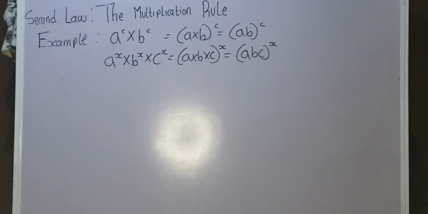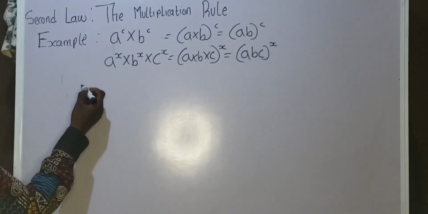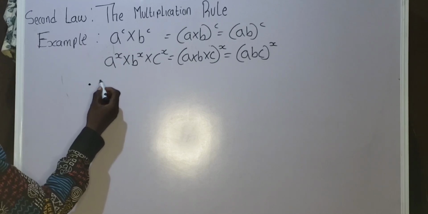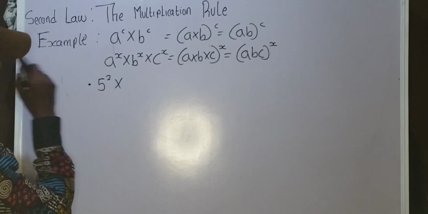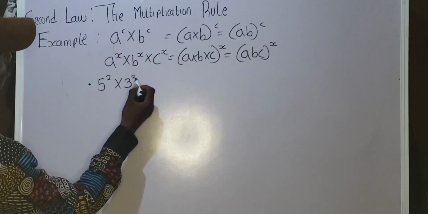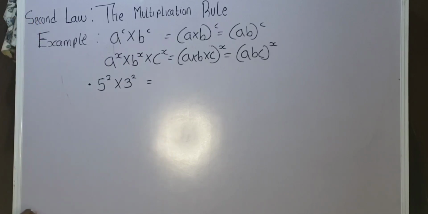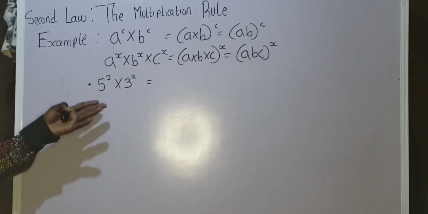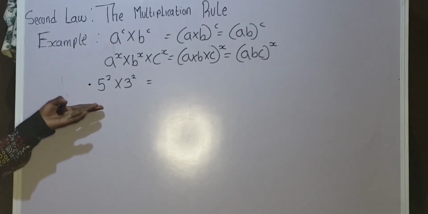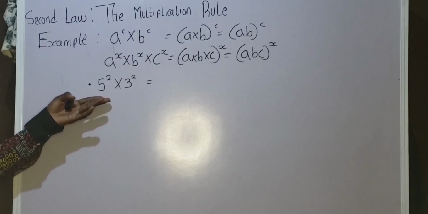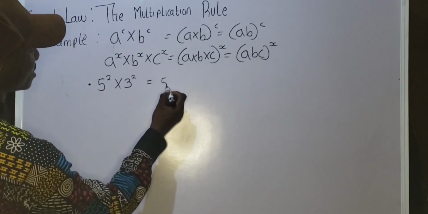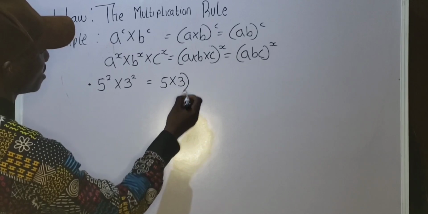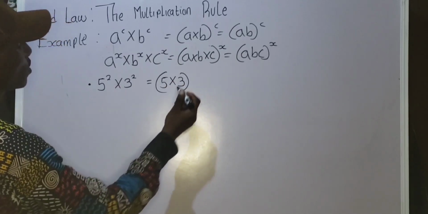Do you understand? Now, let us attempt this. If we have 5 raised to the power of 2 multiplied by 3 raised to the power of 2, what is the answer? Don't forget, according to the rule, when we are told to multiply two numbers that have different bases but the same power, the product of these two numbers is equal to the product of their bases, that is 5 multiplied by 3, raised to a single power.